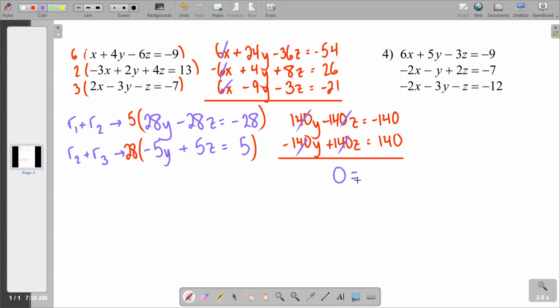Usually we just leave things to die when they eliminate, but the 0 holds the equation together. And then on the right-hand side, negative 140 plus 140 is 0, and 0 equals 0. And for that reason, while everything coming together, that means we've established that we've got a couple of equivalent planes. So we've got infinitely many solutions.